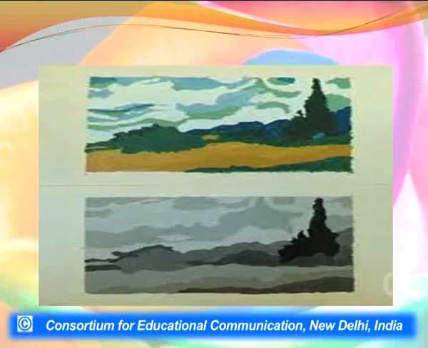In this painting, you can see the value of green in the upper part of the picture, and the lower part of the picture gives the value of black and white. So you can see from totally black to totally white, there is a scale.